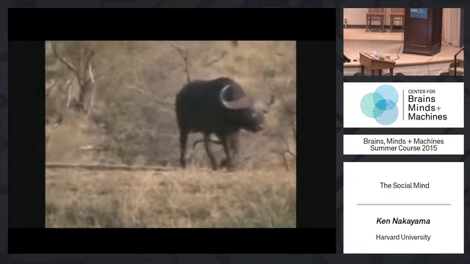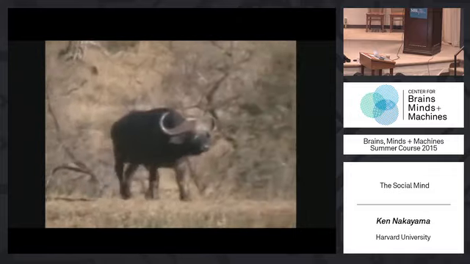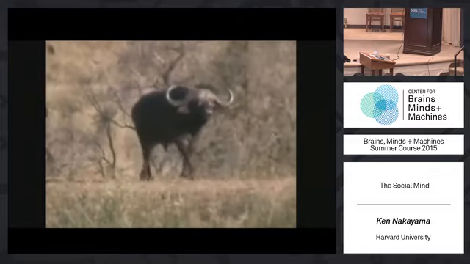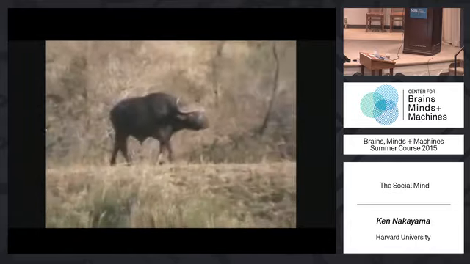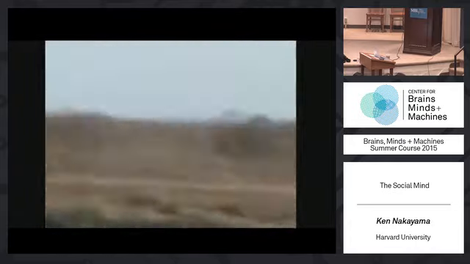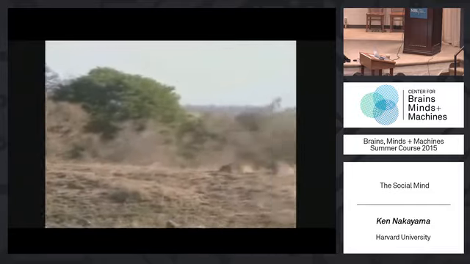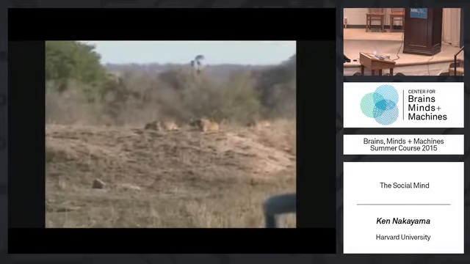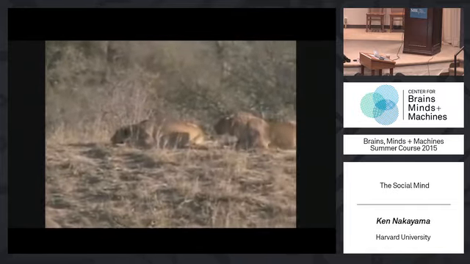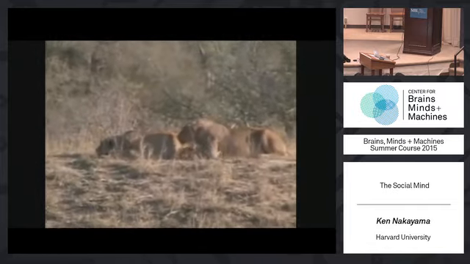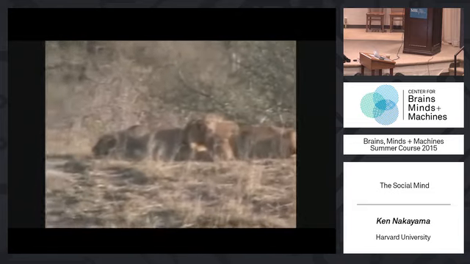That is a huge buffalo. It's a huge buffalo. I love this. They're crouching. She's crouching.